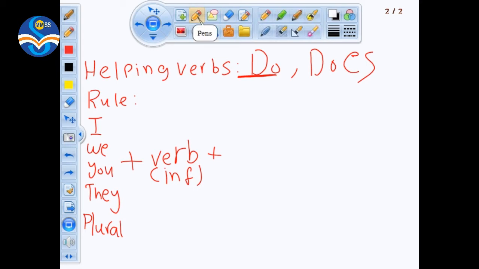Let's say, for example, I go to the club. This sentence means that this happens usually or always happens because I've put I with the verb go in its infinitive form. So that means that this action is happening every now and then.